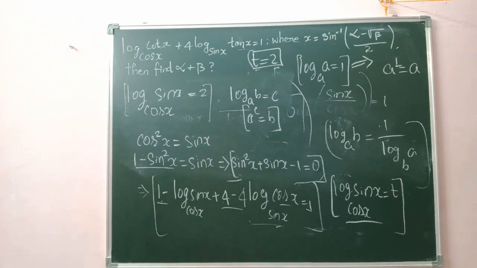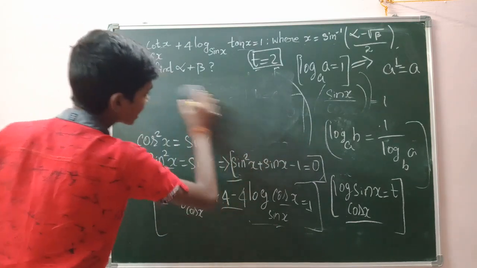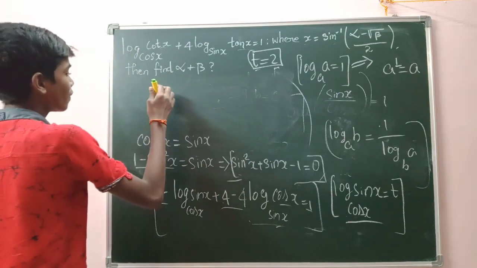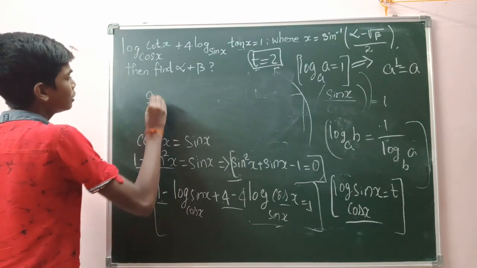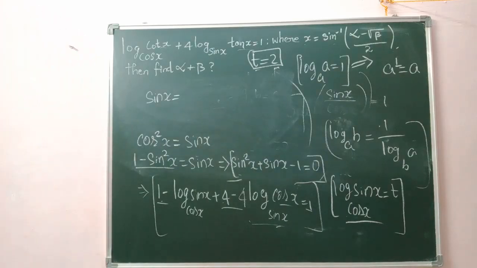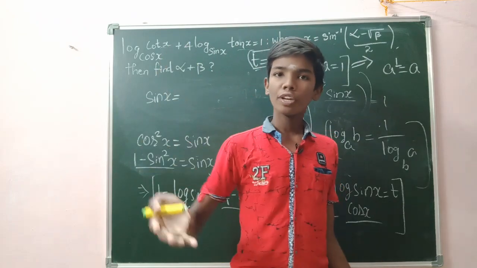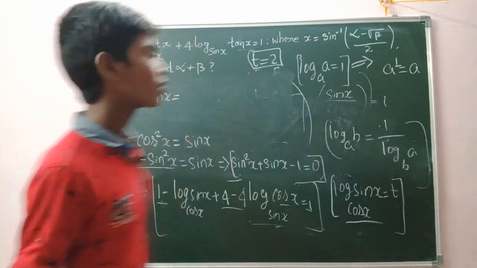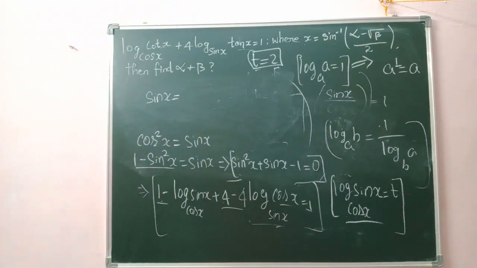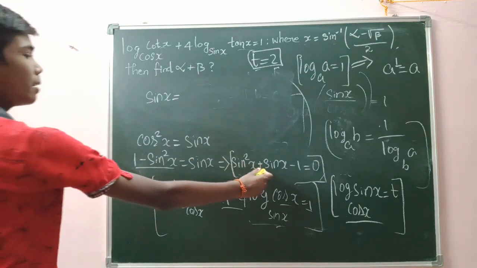And now, just try to solve this quadratic form. You don't need to find the value of x, but rather find the value of sin x by using the root formula. It's very simple now. So using the root formula, minus b plus or minus root of the discriminant, by 2a. That is what you're going to do here. So now your sin x will be nothing but minus b, what is minus b?